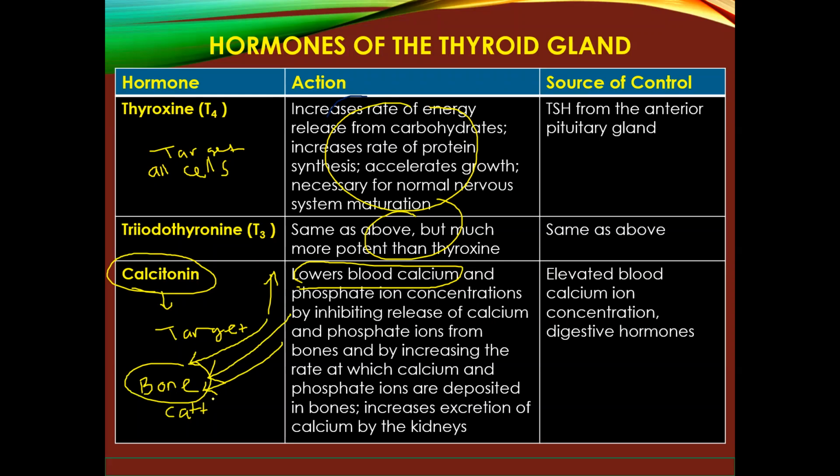So calcitonin actually makes our bone stronger and harder because it takes a lot of calcium from the blood. So that's the function of calcitonin. The target will be the bones in order to take extra calcium from the blood. It will lower the blood calcium level.